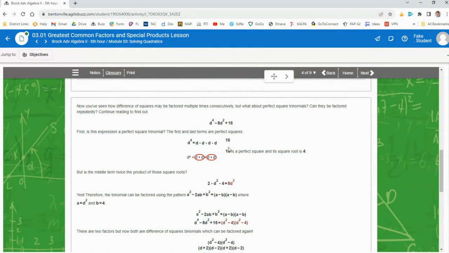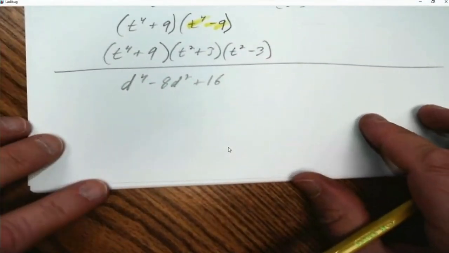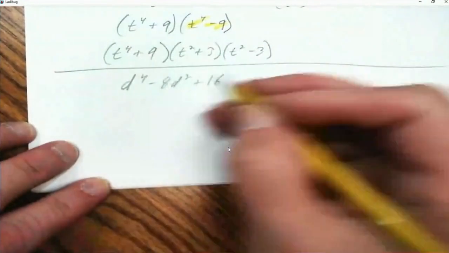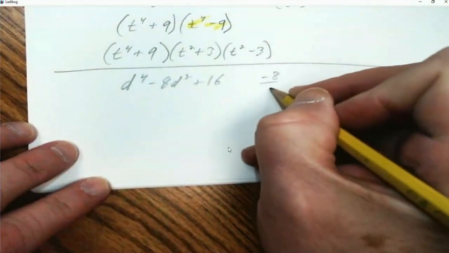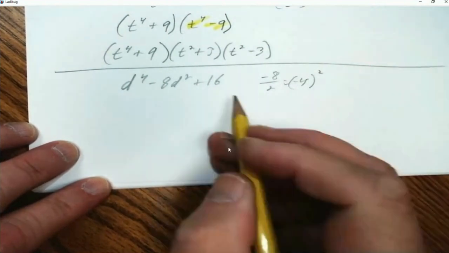d to the 4th minus 8d squared plus 16. Okay, so looking at that, this is a perfect square trinomial because if we take negative 8 and cut it in half, that's negative 4. And when we square negative 4, we get 16.